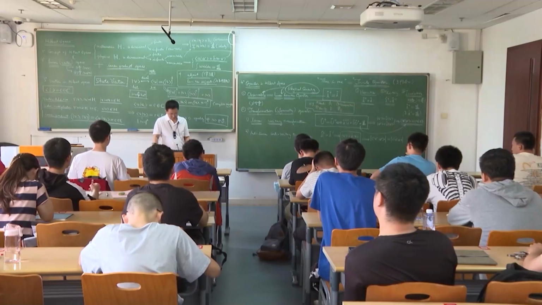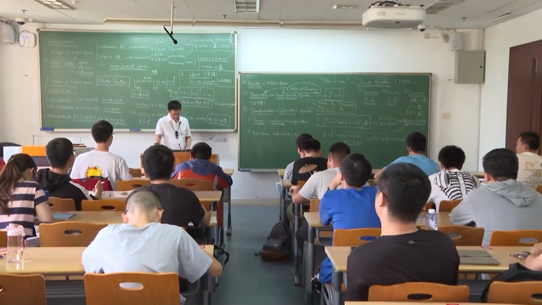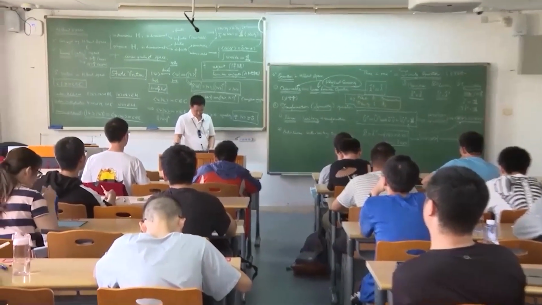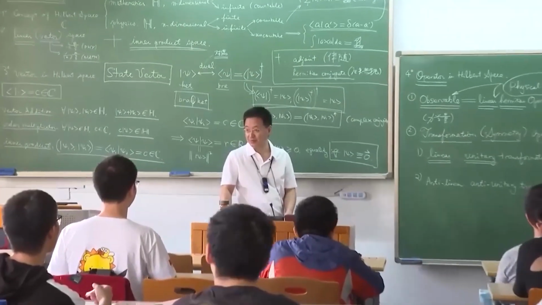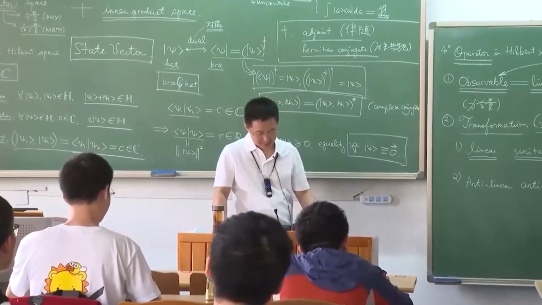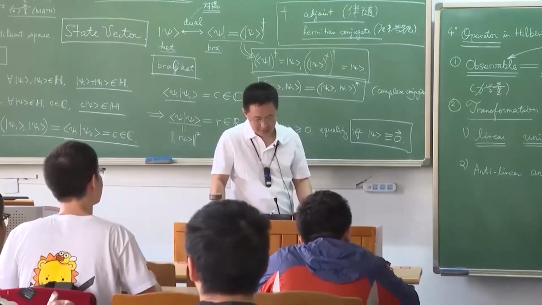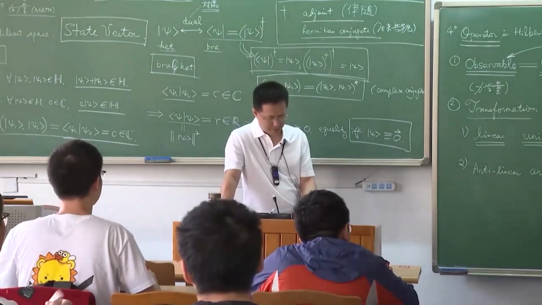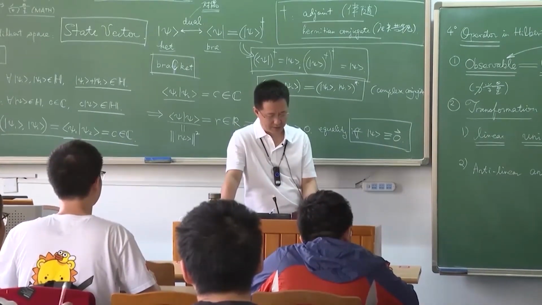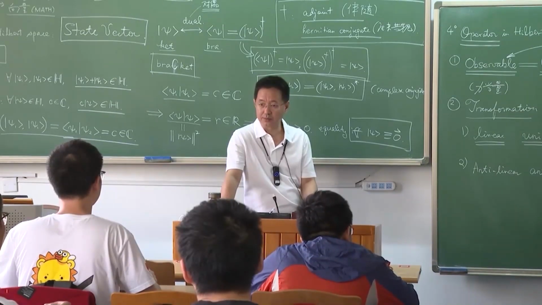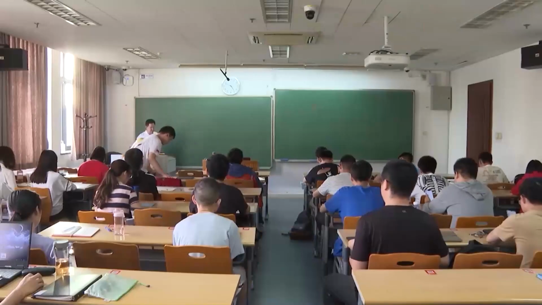But I think the most difficult concept of the operator is the adjoint operator. I think I should spend some more time on that. Maybe later I can give you some examples about eigenvalue and eigenstate problems related to operators.